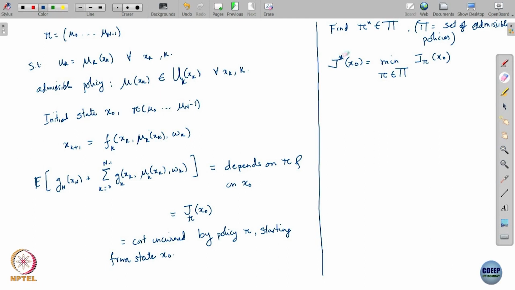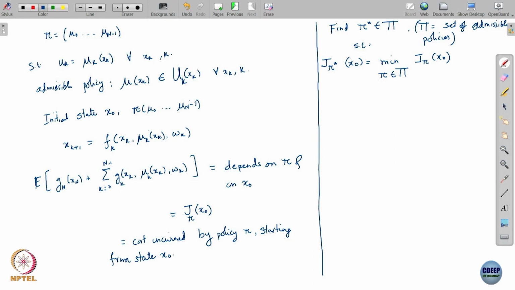Find a pi star in the set of admissible policies such that the cost incurred by pi star is the least amongst the costs of all policies in the set of admissible policies.